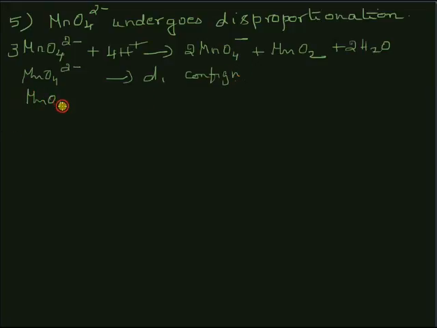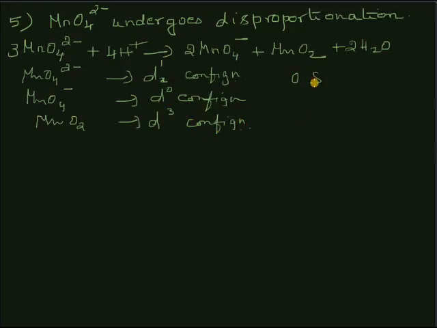MnO4- will have d0 configuration, which is stable, and MnO2, which has +4 oxidation state, will be left with d3 configuration.